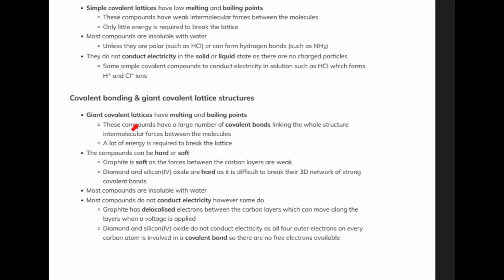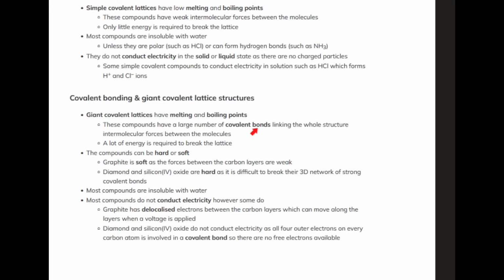These compounds have a large number of covalent bonds linking the whole structure. The sentence about intermolecular forces is a bit weird here. What they are trying to say is, for example in diamond, the carbon atoms are held by covalent bonds alone.